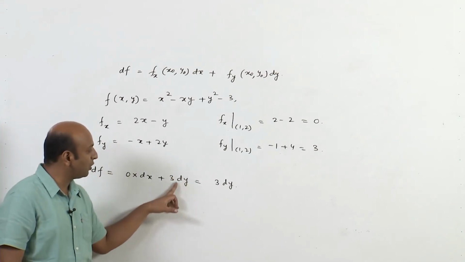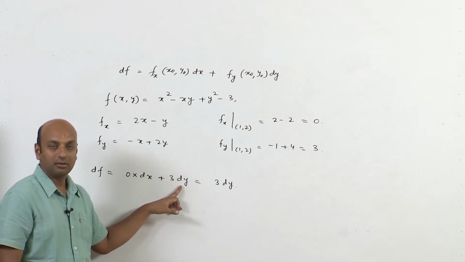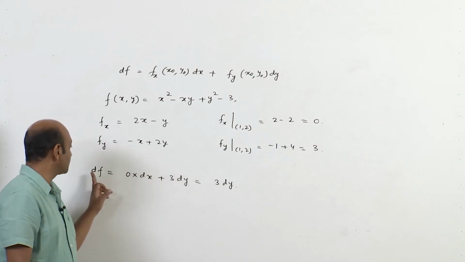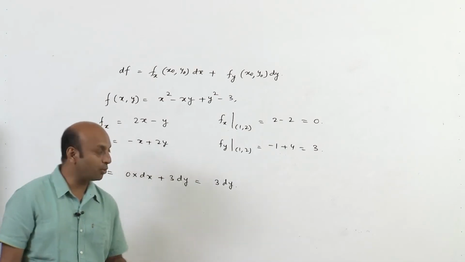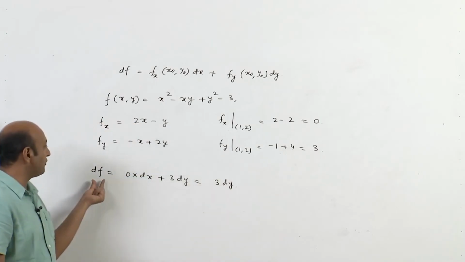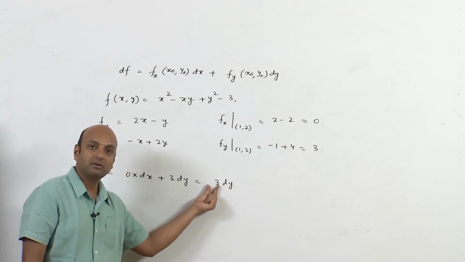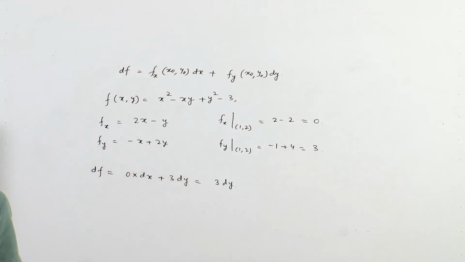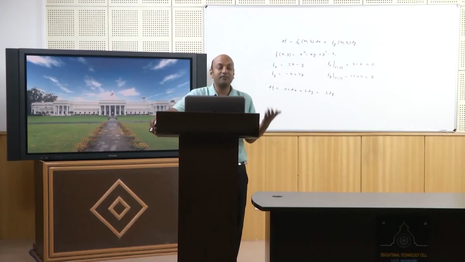But if we change the value of y, the value of the function will change by 3 units. Suppose we change y by 1 unit, then the change in the value of f will be 3 units. So, that means it is more sensitive to a change in the variable y, not x. It remains unaffected by a change in the value of x.